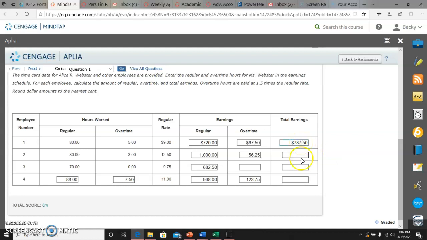So the first employee is $787.50, the second employee $1,056.25, the third employee is $682.50. I'm going to go ahead and put a 0 there and see what happens. And then the last one, if I add 968 and 123.75, I would get $1,091.75.